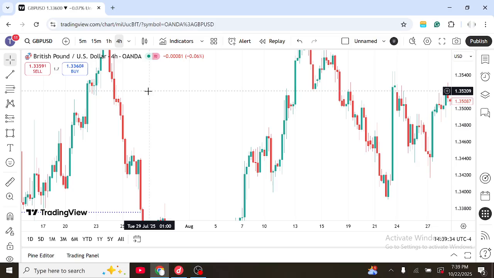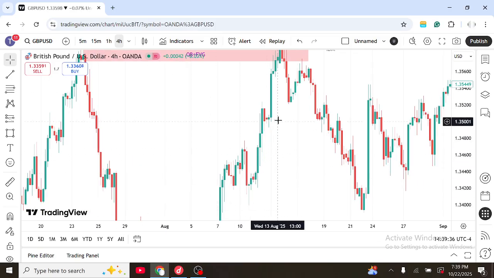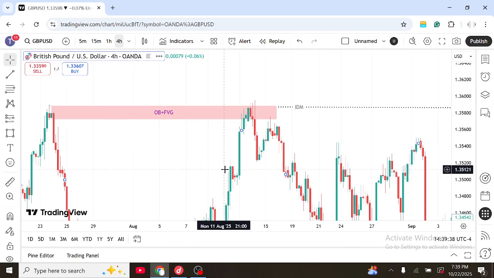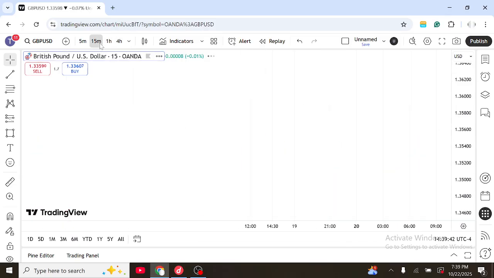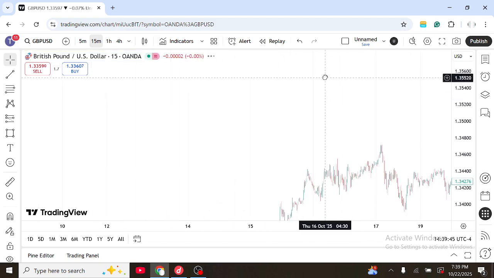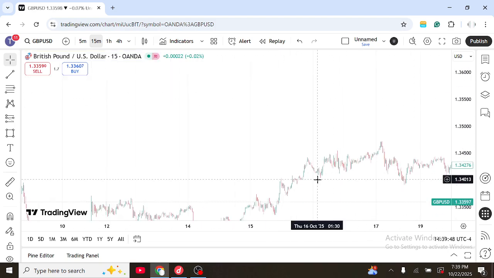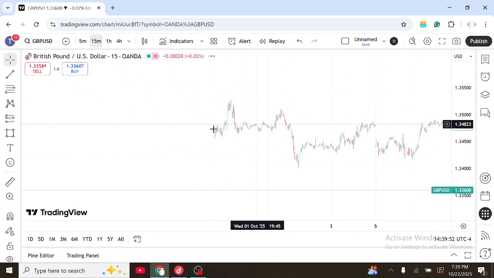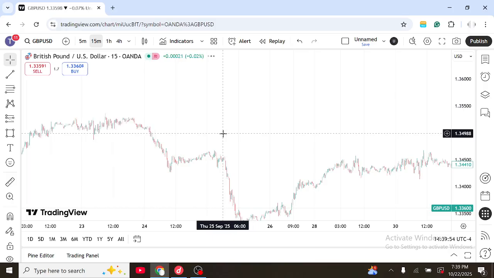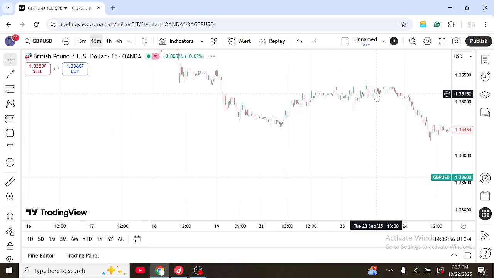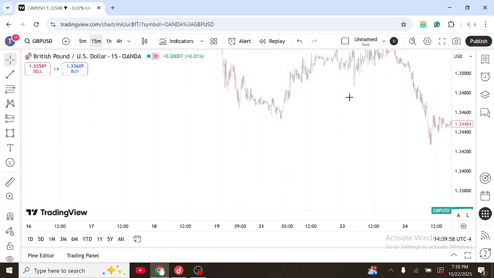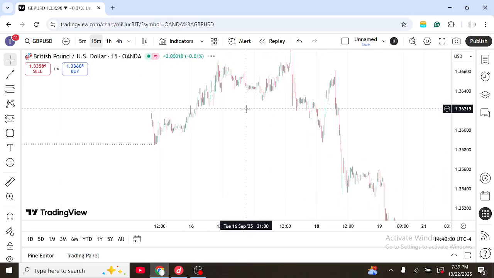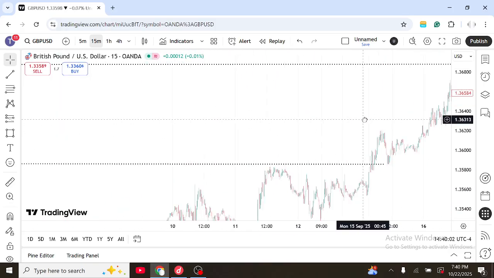Now, when price is pushing to the upside, what I will do is move from the 4 hours to a 15-minute time frame. In my 15-minute time frame, because the overall direction of the trend is down, when the inducement is created, price pushes to the downside to create that inducement.